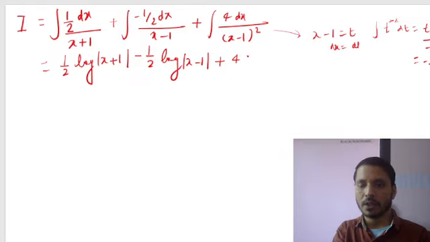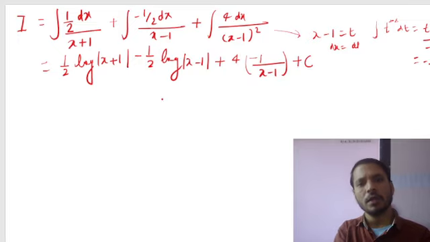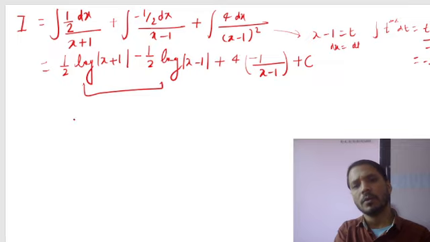That means here it is 4 into minus 1 upon x minus 1, right? And plus c.